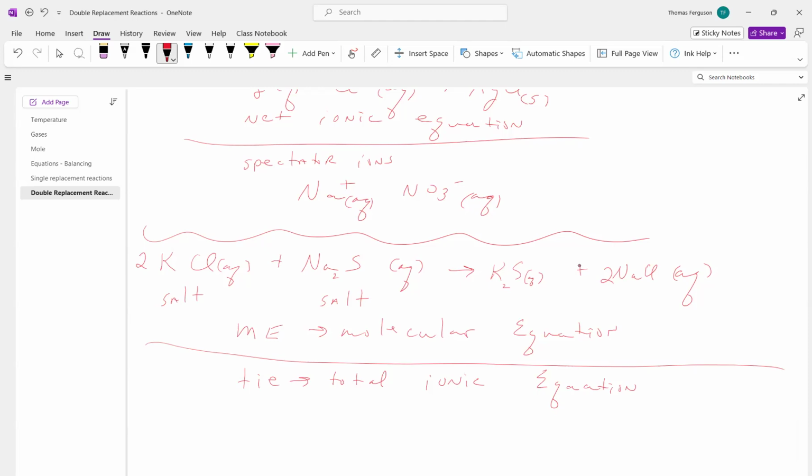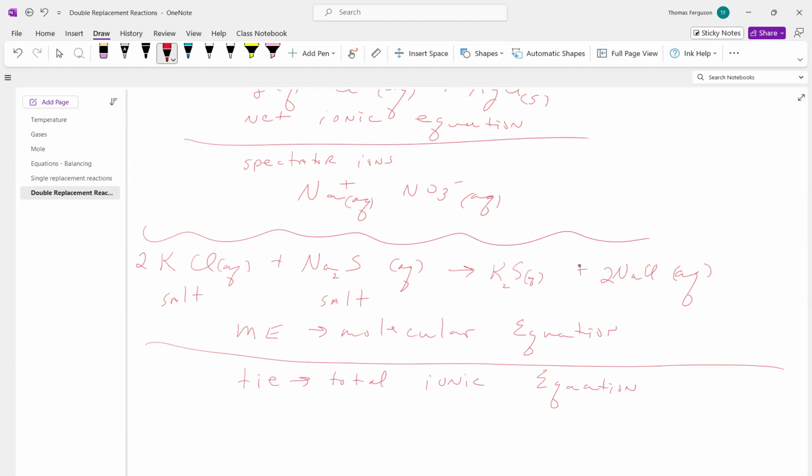So is there a net ionic equation? No. So if I ask you to write the net ionic equation, it's going to be null set. Okay, or you can write no net ionic equation. Either way is fine.